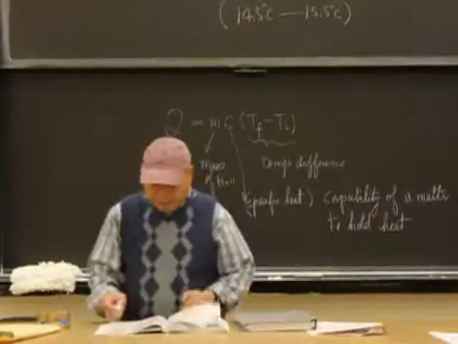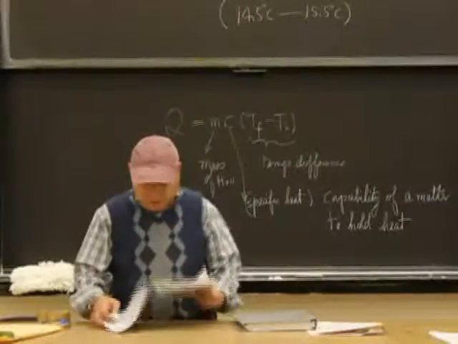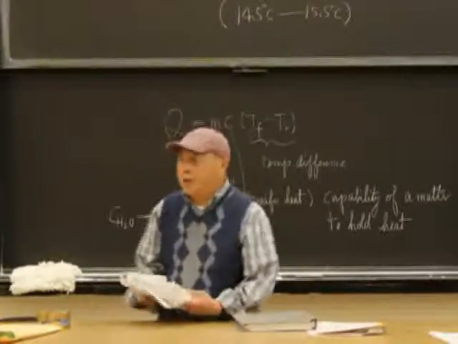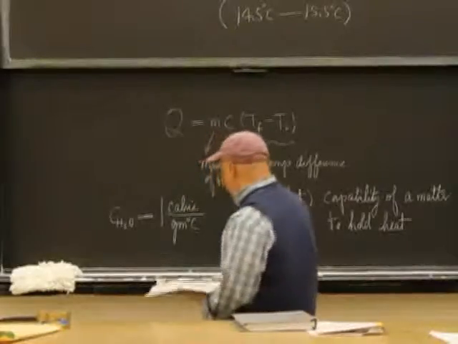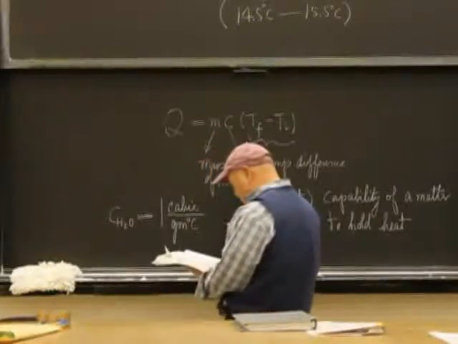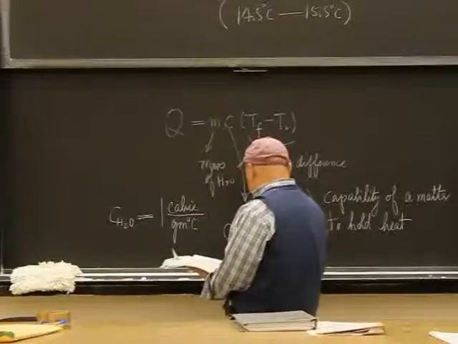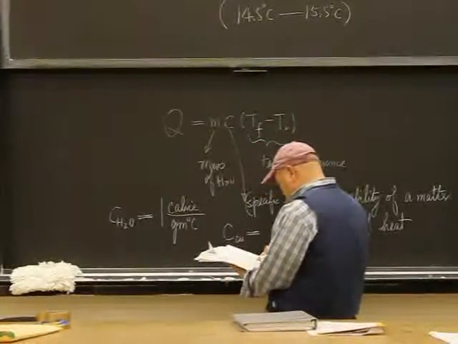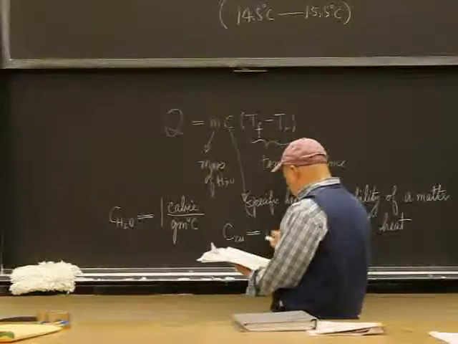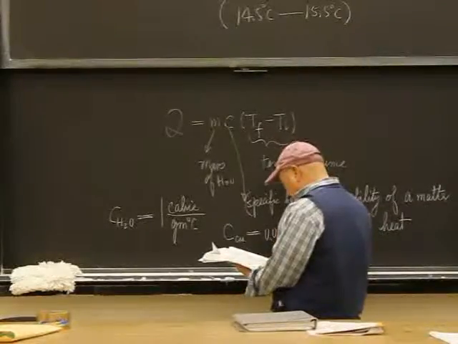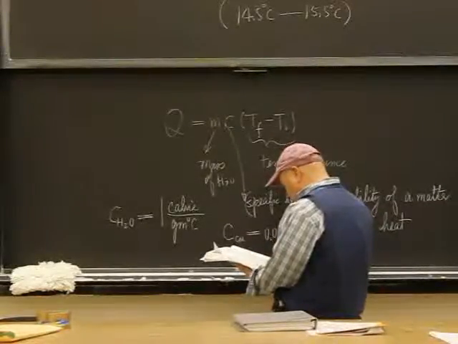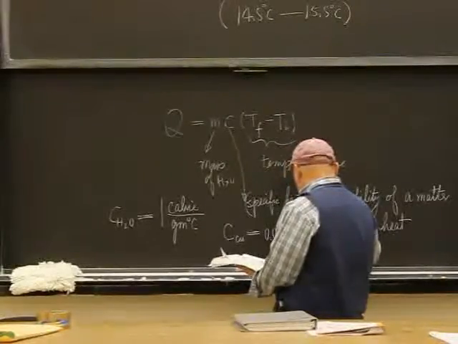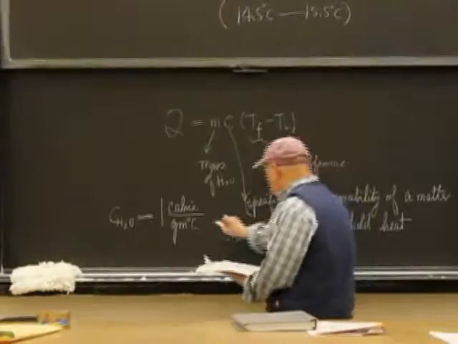For other materials the specific heat is less. Physically, what does less mean? Suppose the specific heat for copper is 0.0924 calorie per gram per degree Celsius.